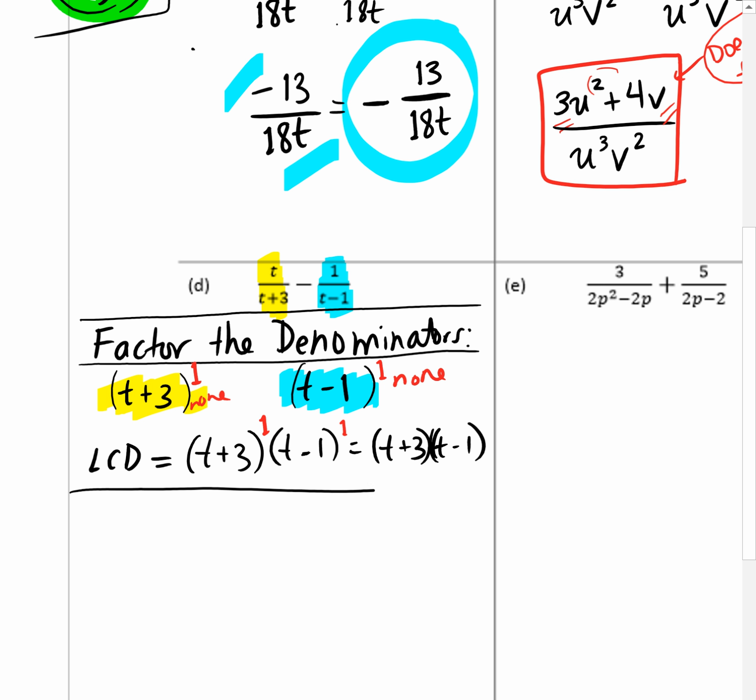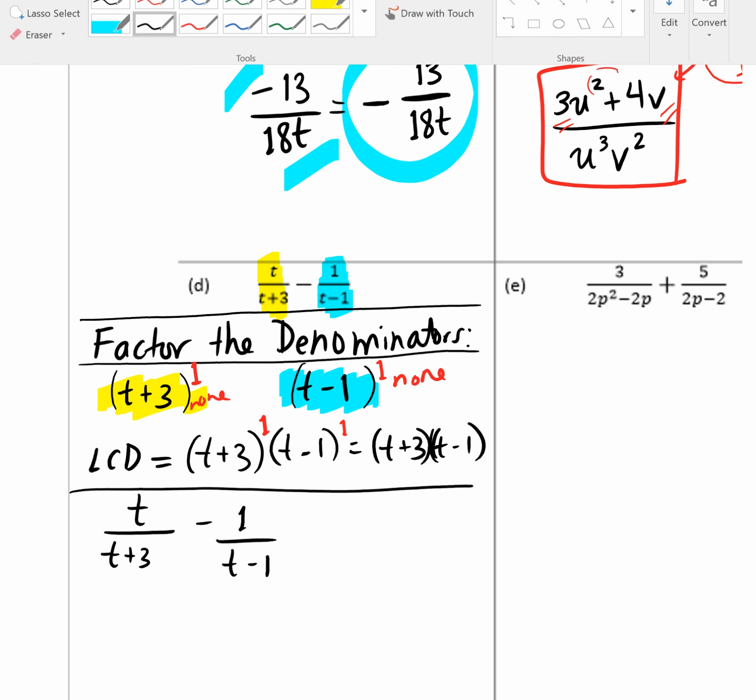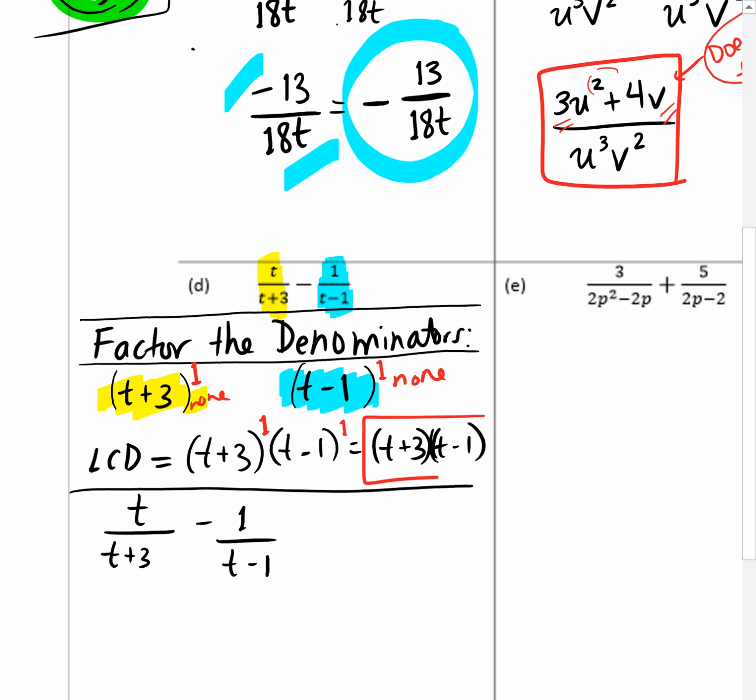Now I'm going to bring down the original fractions, t over t plus 3, and then minus 1 over t minus 1. Looking at each individual fraction, I have to multiply it by whatever it needs to get to this denominator. The leftmost one has the t plus 3, it's just missing the t minus 1. That means I multiply top and bottom by t minus 1.